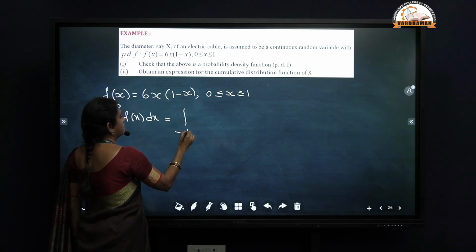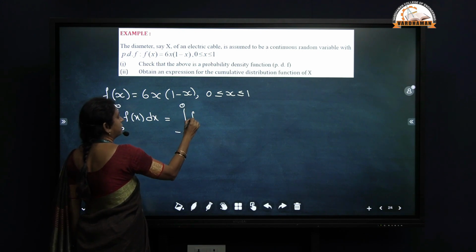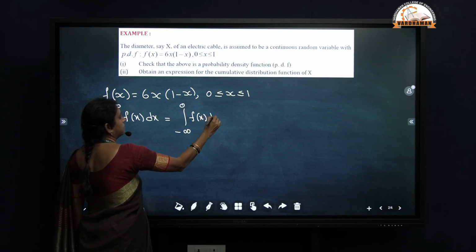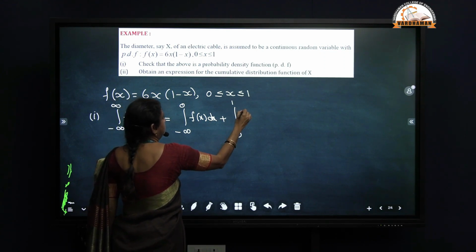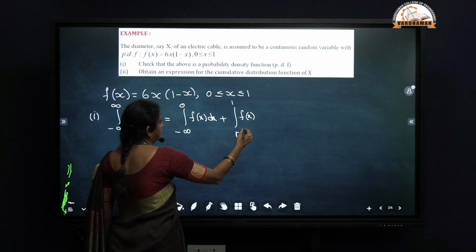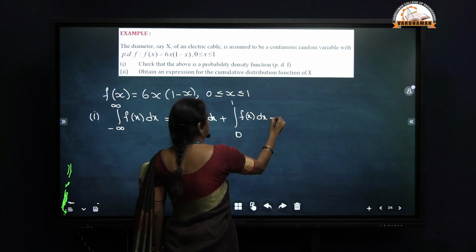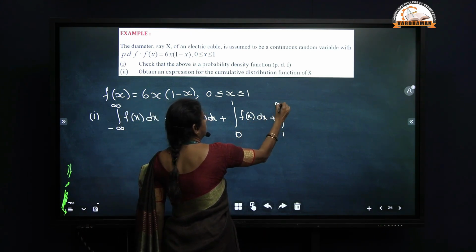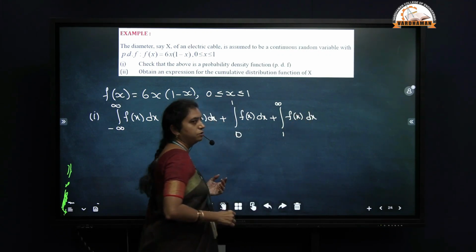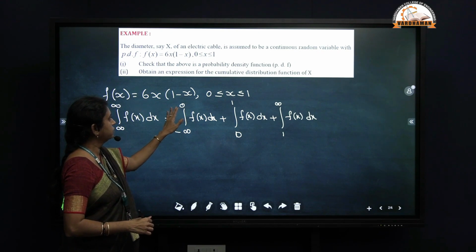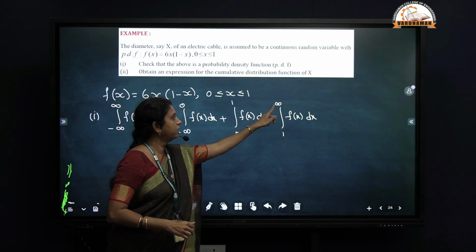That means the integral between minus infinity to 0 of f(x) dx, plus 0 to 1 of f(x) dx, plus 1 to infinity of f(x) dx. So the given interval I am taking into 3 parts: minus infinity to 0, 0 to 1 and 1 to infinity.